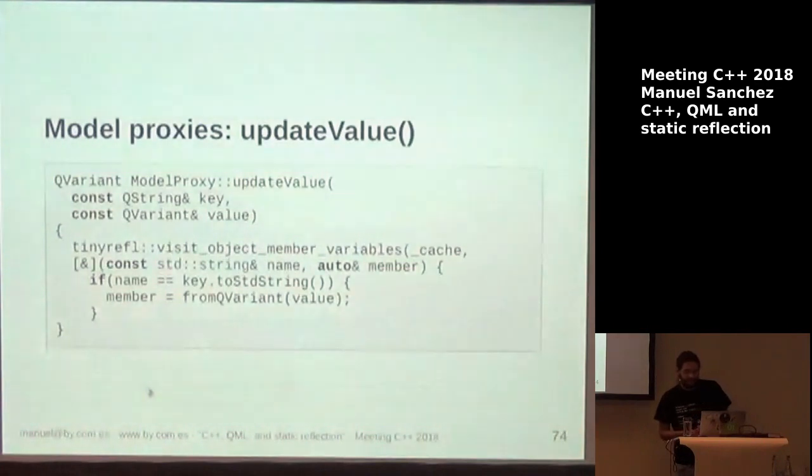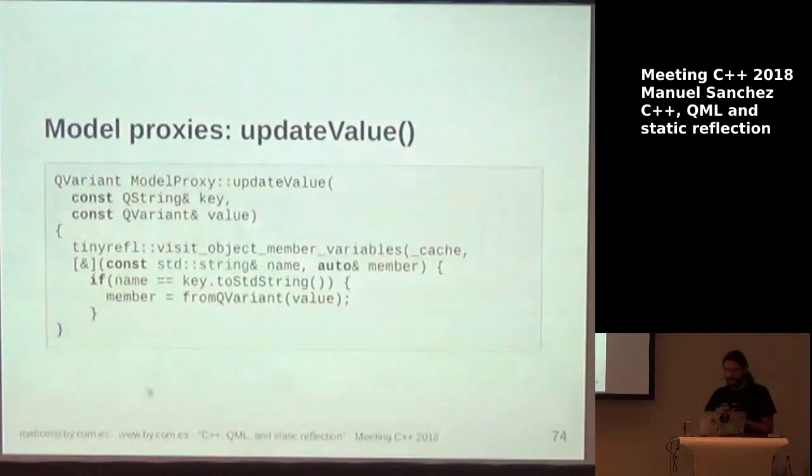And finally, we have what happens when QML touches one of the fields of the property map. We only have the name of the field. We don't know about its type. We don't know what exact member of the struct it is.